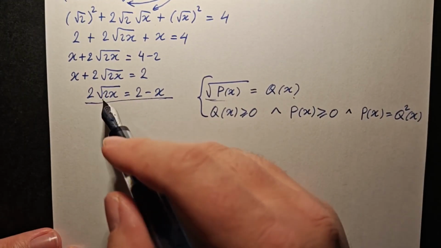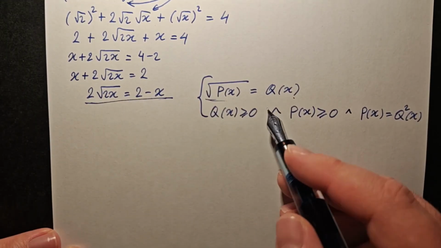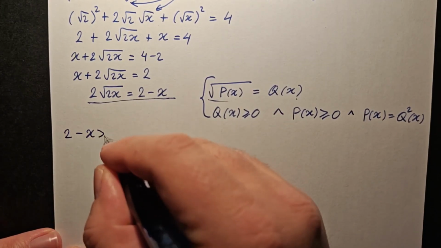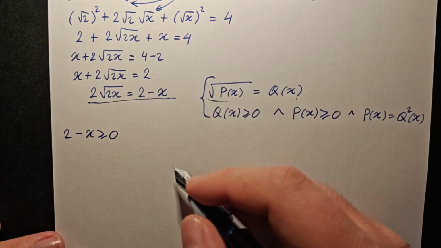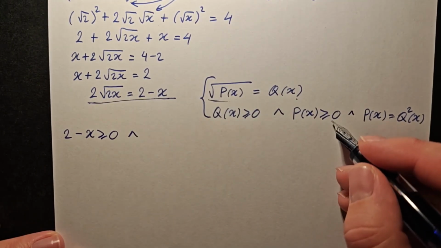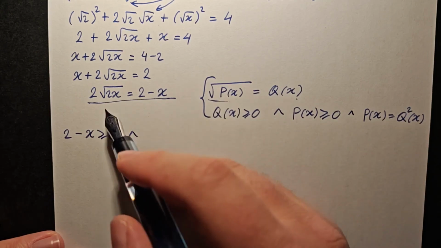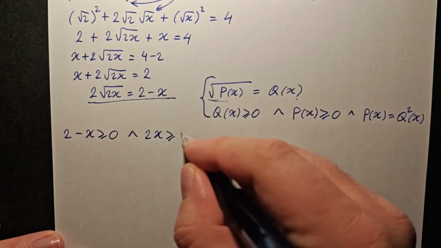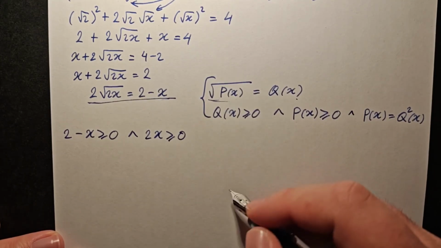First we demand that q of x is larger or equal to 0. That means that 2 minus x is larger or equal to 0. The second thing which we demand is that p of x is larger or equal to 0. p of x in our case is 2x. That has to be larger or equal to 0.